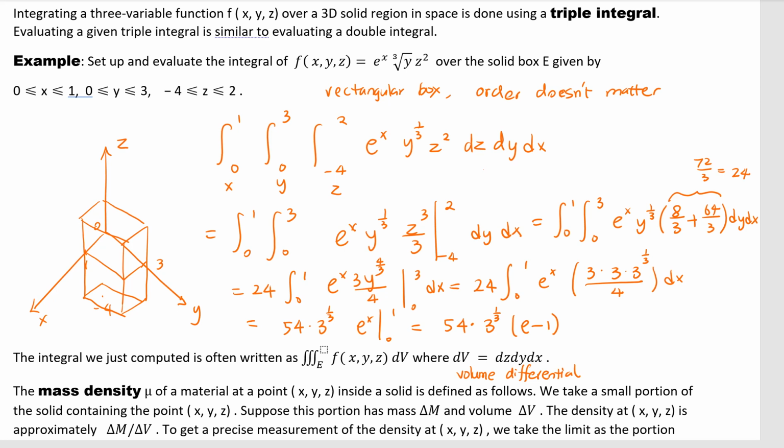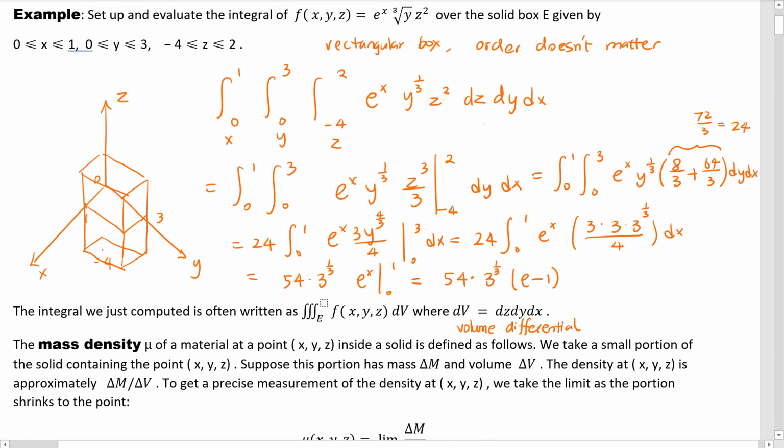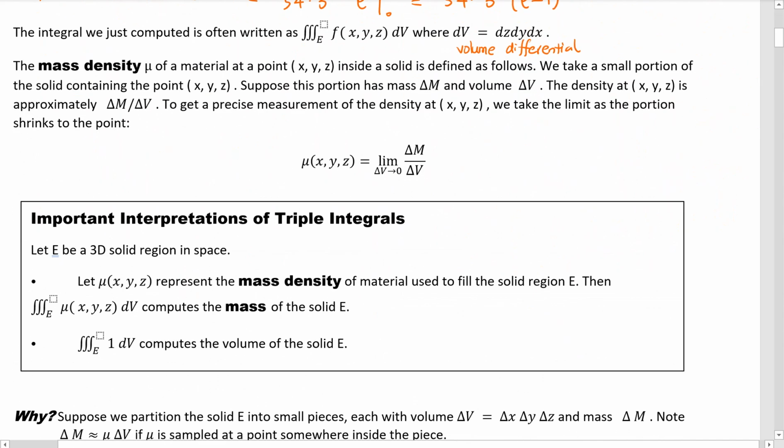Okay. So last time when we talked about the double integral, we used R to stand for the region in the xy plane, and we used the area differential. But now when we're looking at a triple integral, we use E to denote the solid in space, and we use the volume differential. Okay. So the mass density mu of a material at a point x, y, z inside a solid is defined as follows.